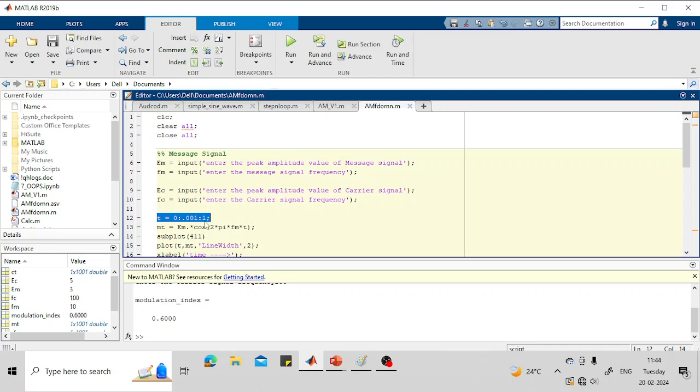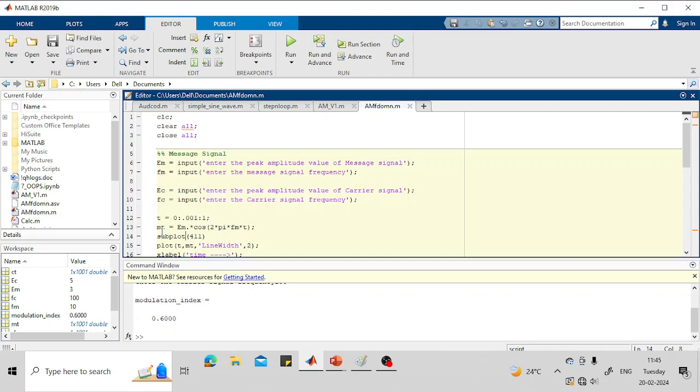So that's what we are defining here. t equals 0:0.001:1, which means moving from 0 to 1 we are getting 1000 points of time. That is the definition of small t here.